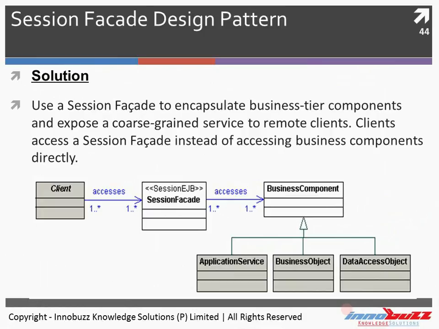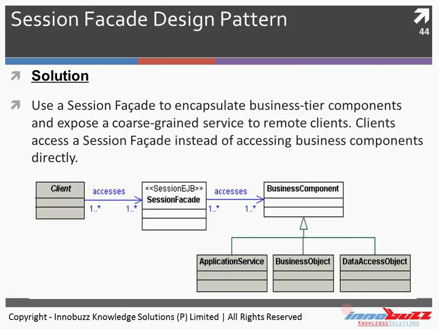facade, that is, the session facade design pattern, to encapsulate business tier components and expose a coarse-grained service to the remote client. So clients access a session facade instead of accessing business components directly. So here, coarse grain means that the implementation will be hidden. Coarse grain will always be the outer layer of your business. It will not be the actual implementation. That's what it is telling.